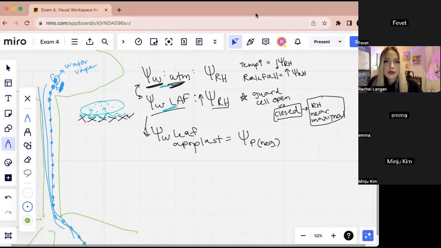So let's go into the details of what's happening there. Let's say we're zooming in on the leaf apoplast cell wall, and they make a bunch of cross links. The cell wall parts look like this.